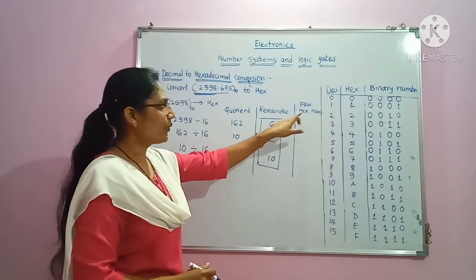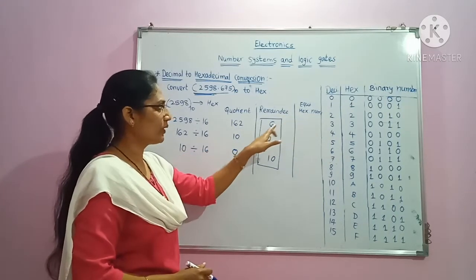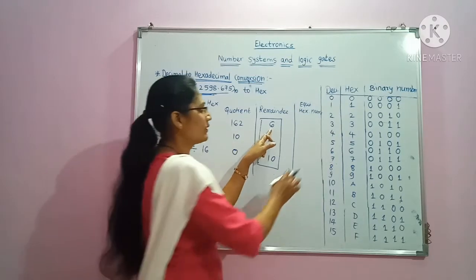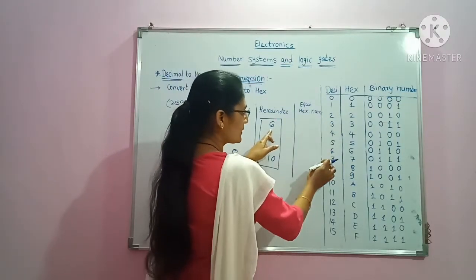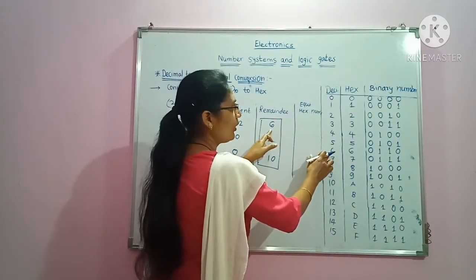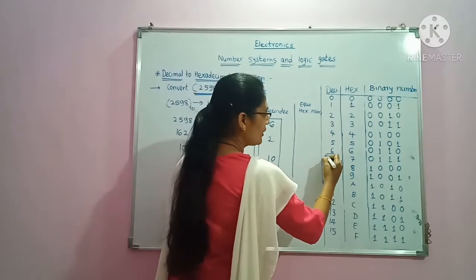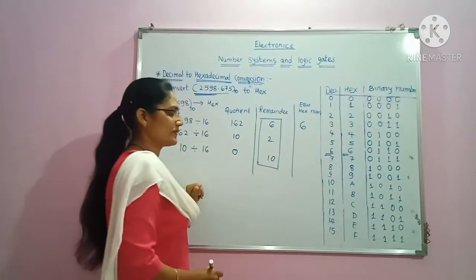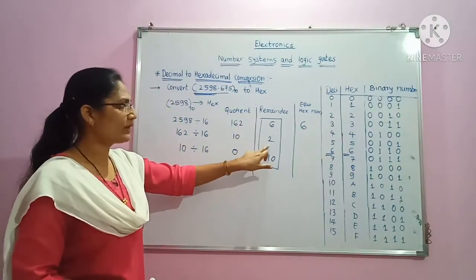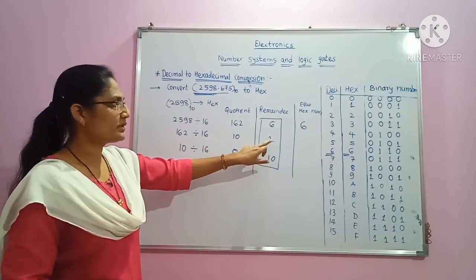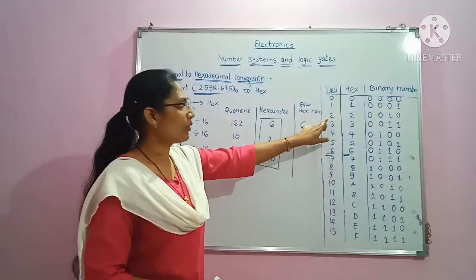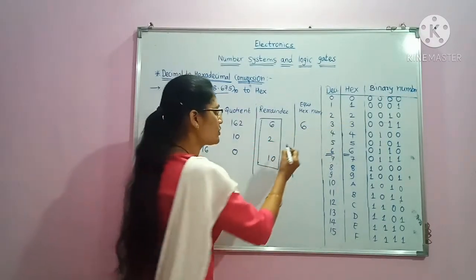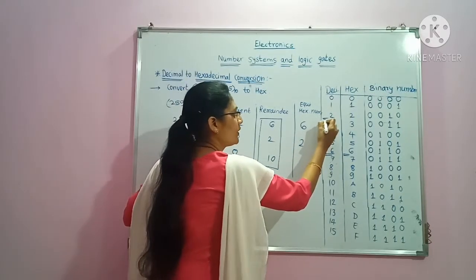The equivalent hexadecimal number of decimal 6, where is 6? Its equivalent hexadecimal number is also 6. So you have to write here 6. Now the next remainder is 2. It is in decimal, so for the decimal equivalent, the hexadecimal number comes out as 2 here.